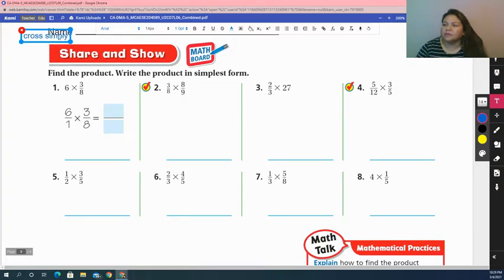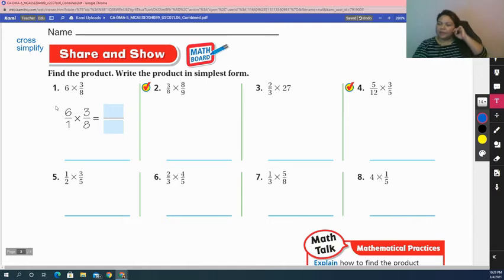So when I cross simplify, it means that I'm going to simplify some of these numbers before I even multiply across, before I multiply the numerator with the numerator. Because the numbers are smaller, I can easily spot numbers that I can simplify before I multiply them and get an even bigger number.